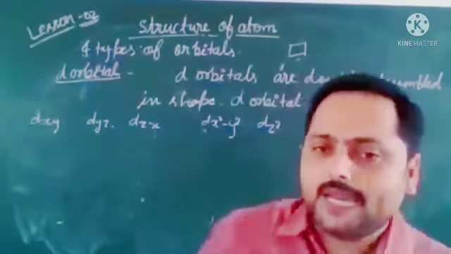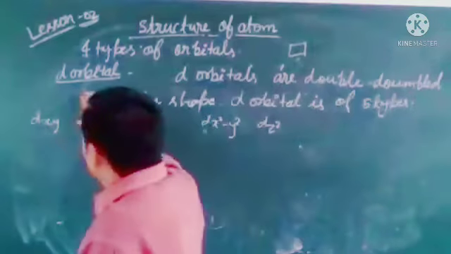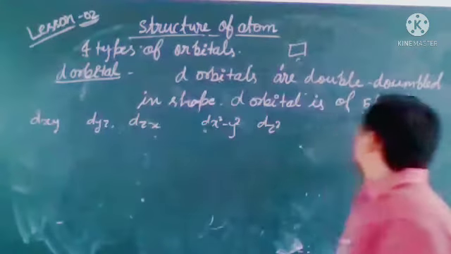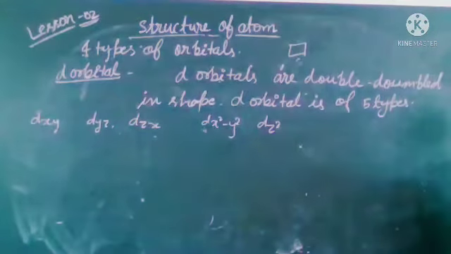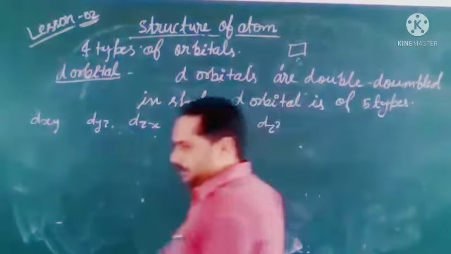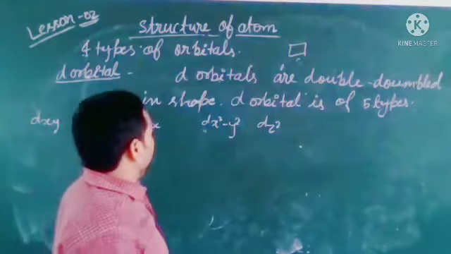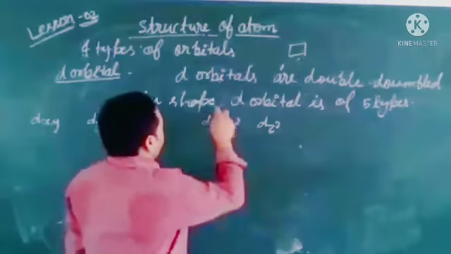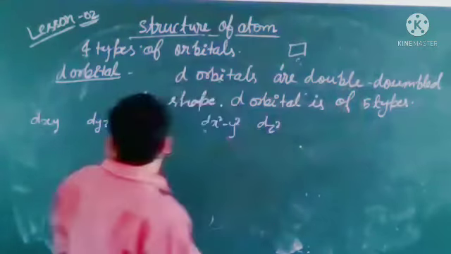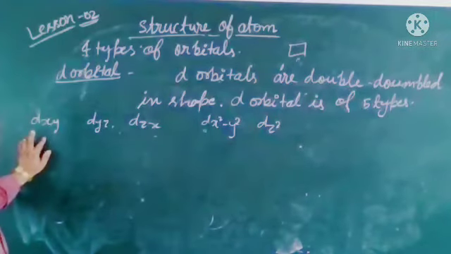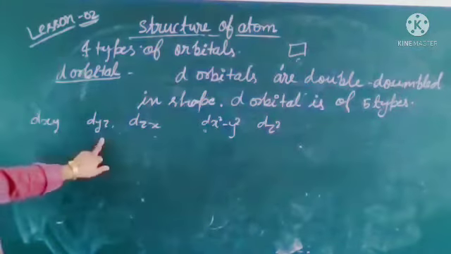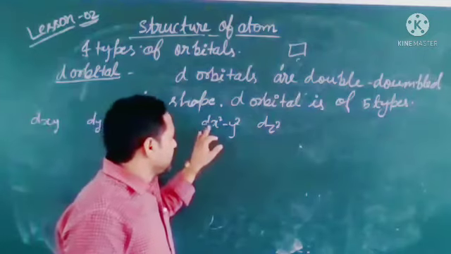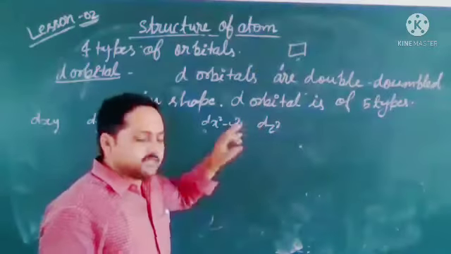So these are the types of orbitals. D orbitals are double dumbbell in shape.